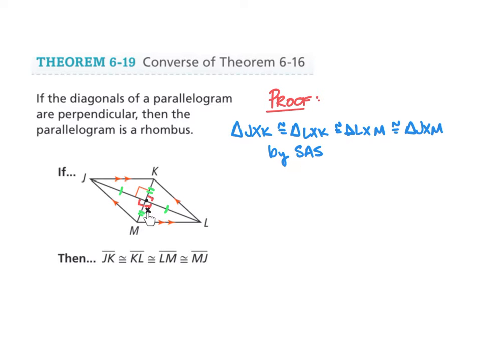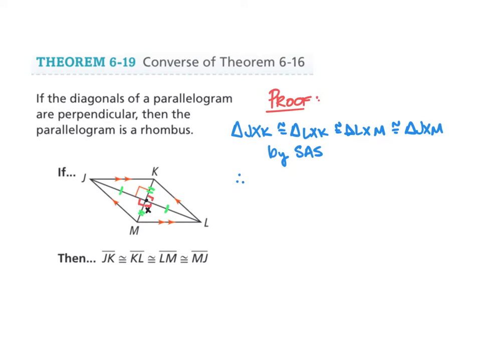Well, once we know that these triangles are congruent because of these 3 parts, we would also know that their other parts are congruent. Specifically, we would know that segment JM, segment JK, segment KL, segment LM are all the same length.